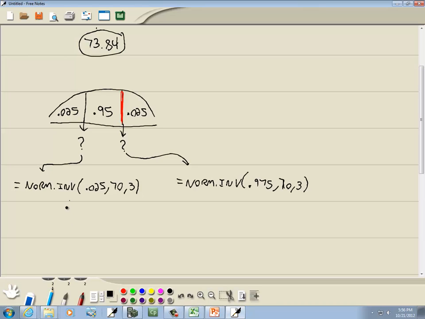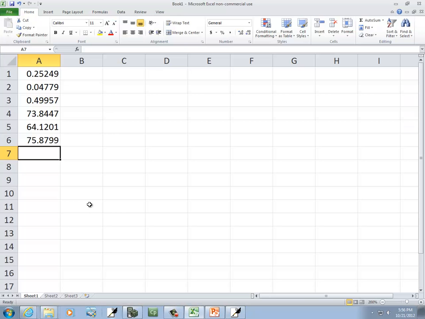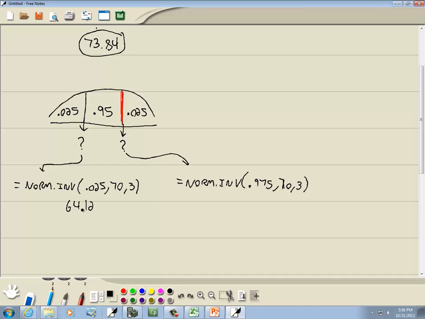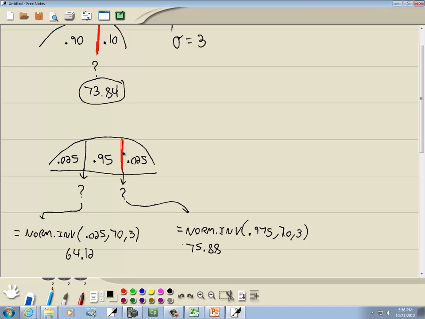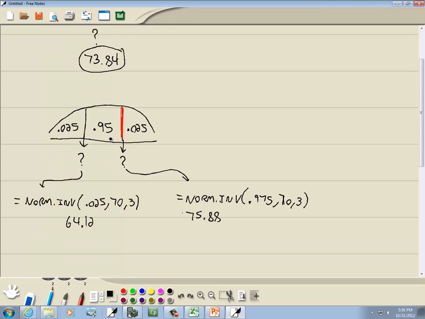So this one would be 64.12, rounding to 2 decimal places. And this one would be 75.88. And those would be our two values. That would be the values that separate the middle 95% from the rest. So again, norm.inv is based upon the area to the left. So you have to draw your picture and then go from there.